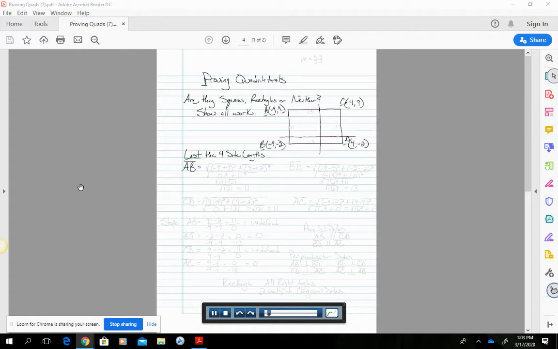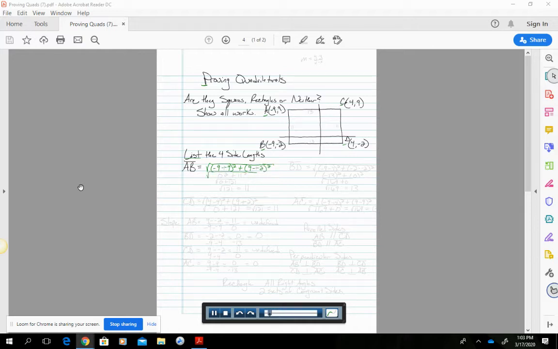Now, distance formula is going to go through and you're going to solve for it. So it's going to be big square root of, and then you go x minus x squared. So negative 9 minus a negative 9 squared plus y minus y squared. 9 minus a negative 2 squared.